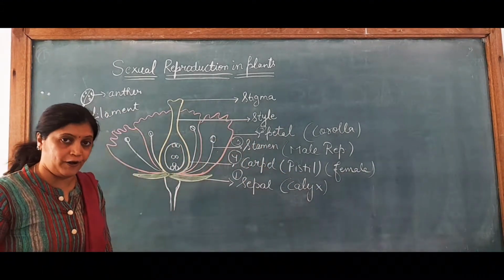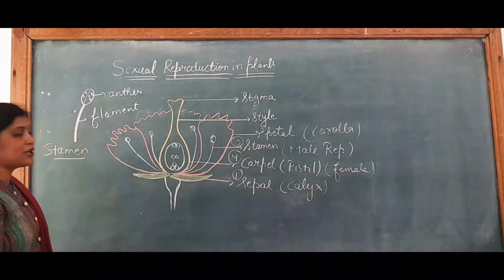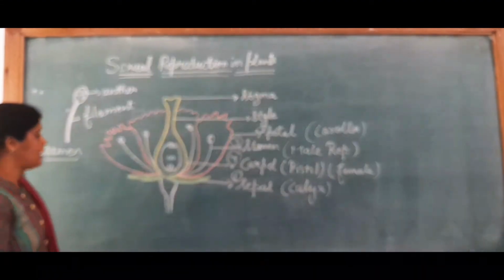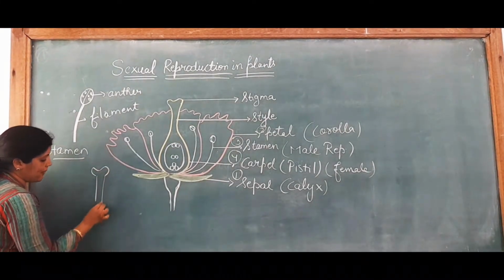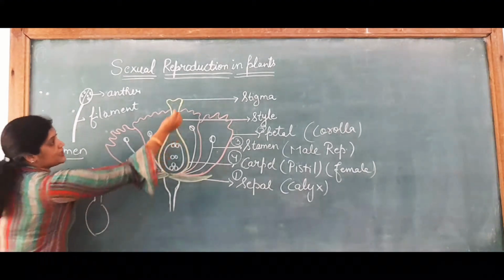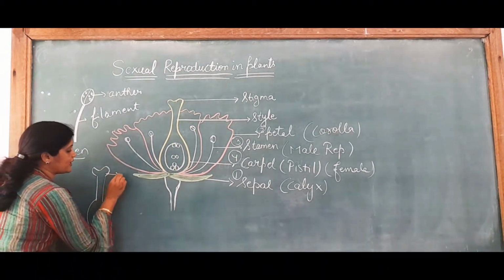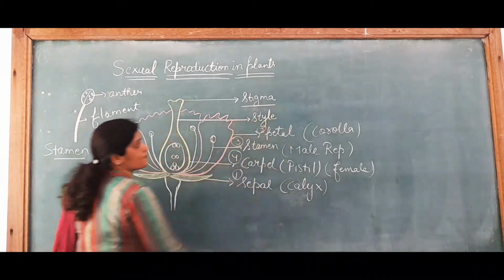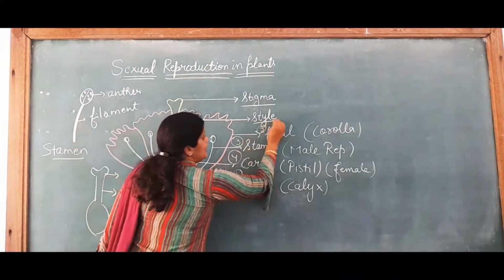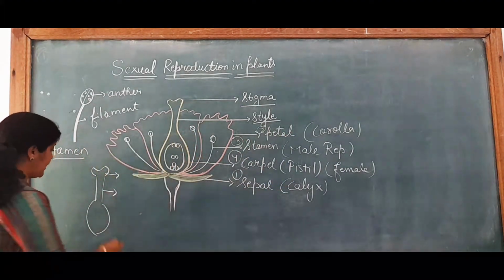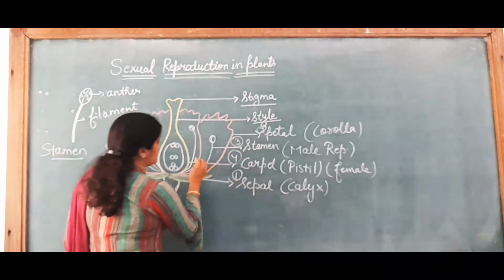If we see the structure of the female reproductive part, first is the stigma. Second, this part is called the style. Third, this part is called the ovary, which I marked just now.